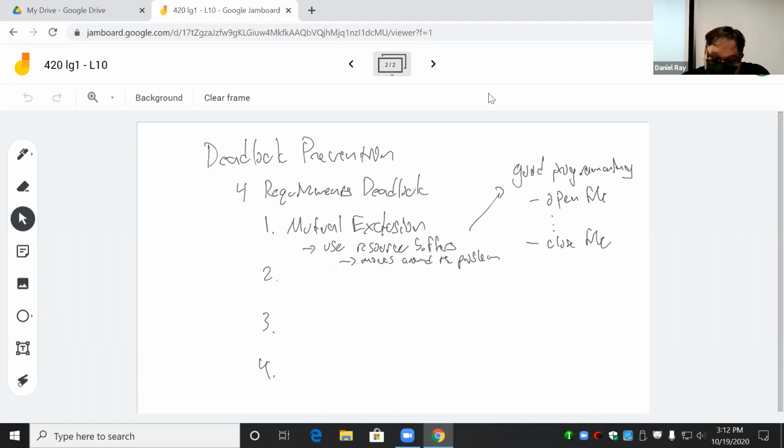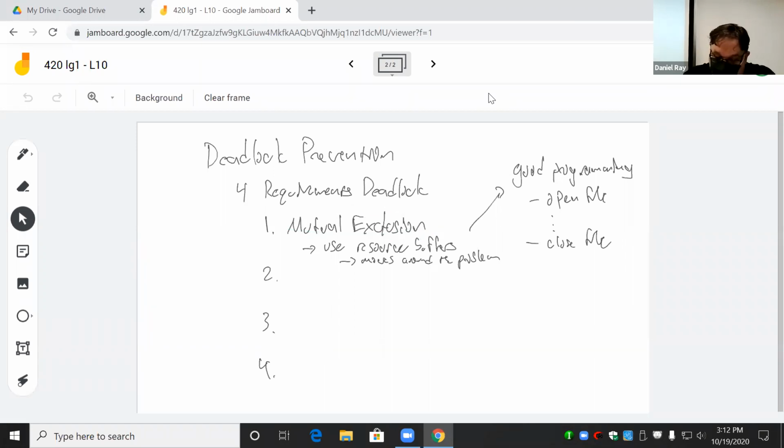Okay, but this doesn't really prevent deadlock. Right? We need mutual exclusion. It's like beer. It's the cause of and solution to all the world's problems. Okay, so mutual exclusion is both the solution to and the cause of our resource allocation problems. So that's not it.